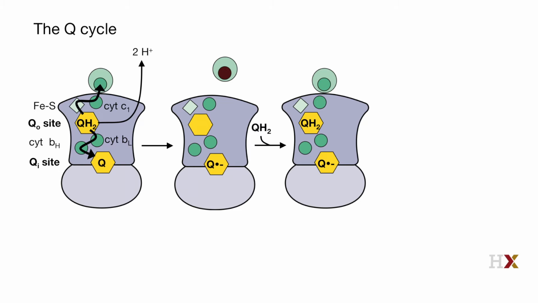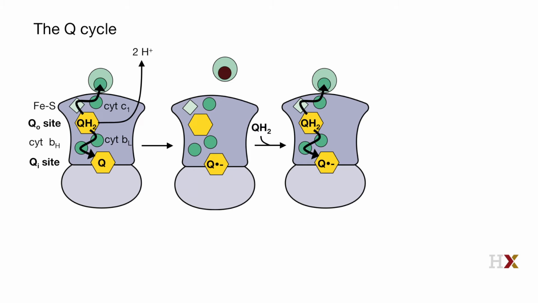as it was described before, 1 electron will move upward to reduce the molecule of cytochrome C, and this reduced cytochrome C will diffuse away. And 1 electron will move downward to the semiquinone Q that occupies the Qi site.